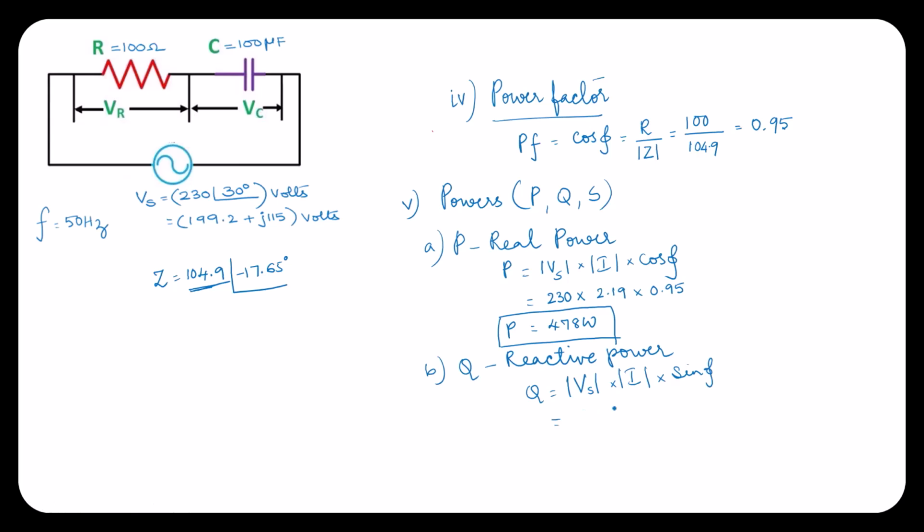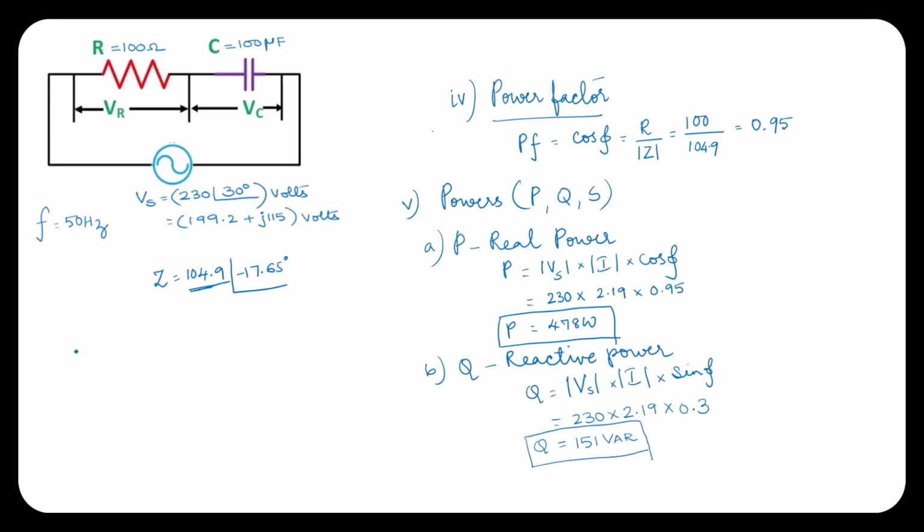Vs is given as 230 into 2.19 into sin phi, which will be 0.3. So Q will be 151 volt ampere reactive. This is the unit for reactive power.